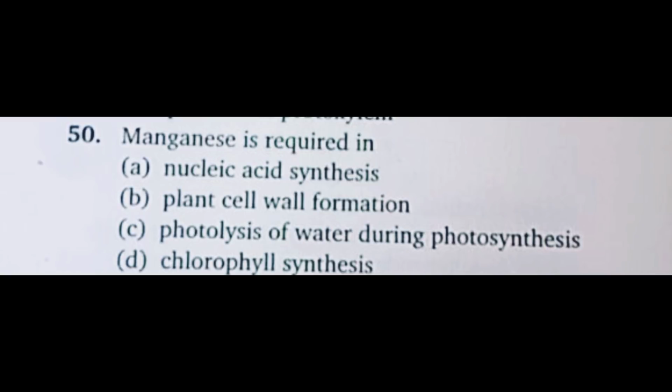The next question, manganese is required in. The options are nucleic acid synthesis, plant cell wall formation, photolysis of water during photosynthesis, chlorophyll synthesis. And the right one is option C, photolysis of water during photosynthesis.